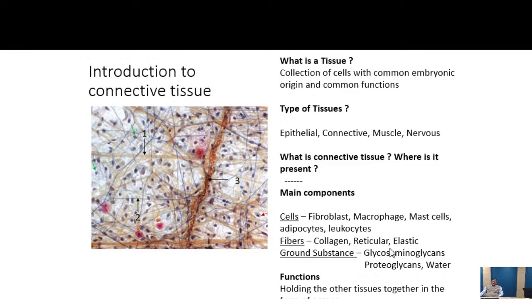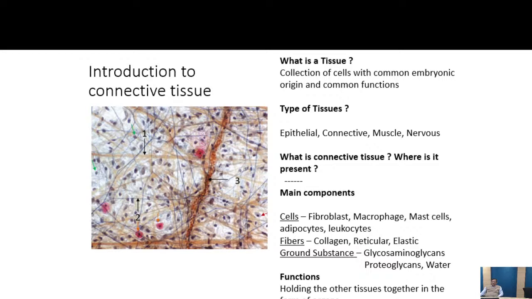This one is made up of sugar residues alone. This one is made up of sugar residues and protein and amino acids. So these are known as proteoglycans, and both of these have a large number of sulfate groups which bind water in them. So it gives the tissue some form of rigidity.